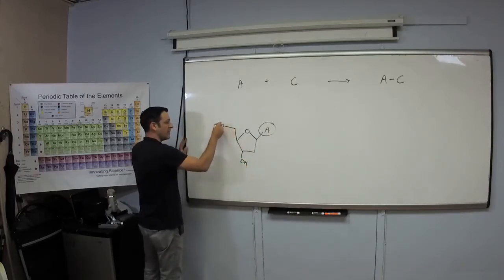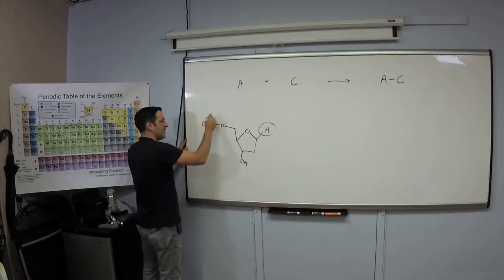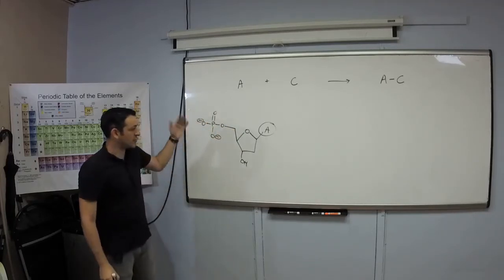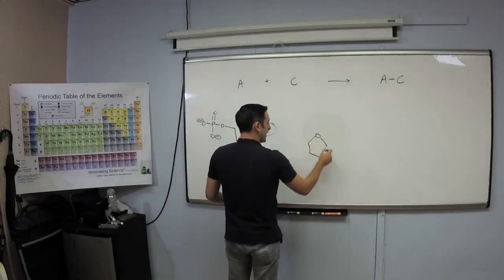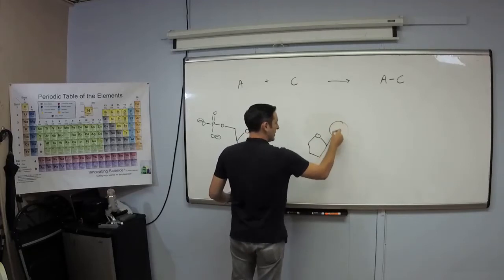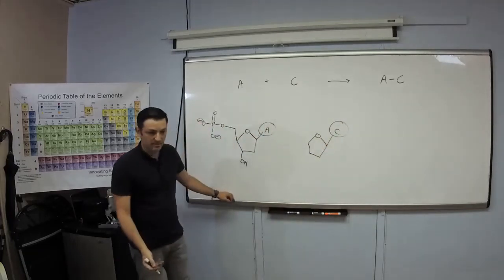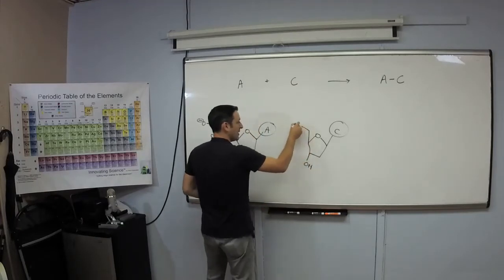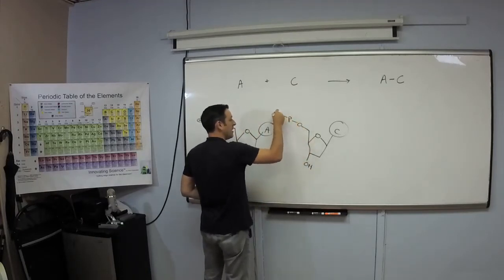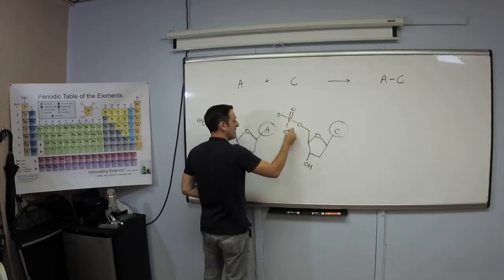We'll have a carbon with an O, P, O, double bond O, O minus, minus. That's your A, and we're going to react that with a C. So this will have a nitrogenous base, that's a C, OH, carbon, O, P, O, double bond O, O minus, minus.